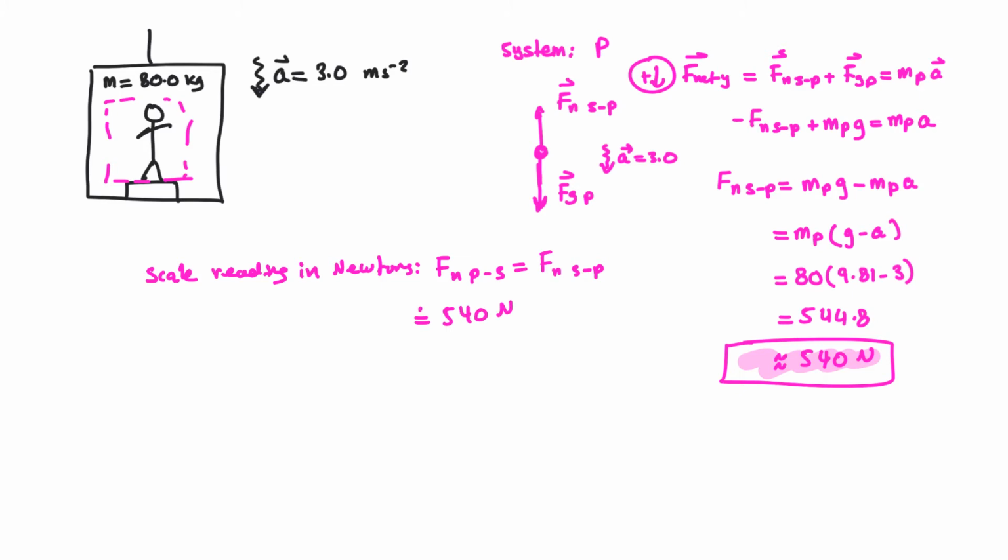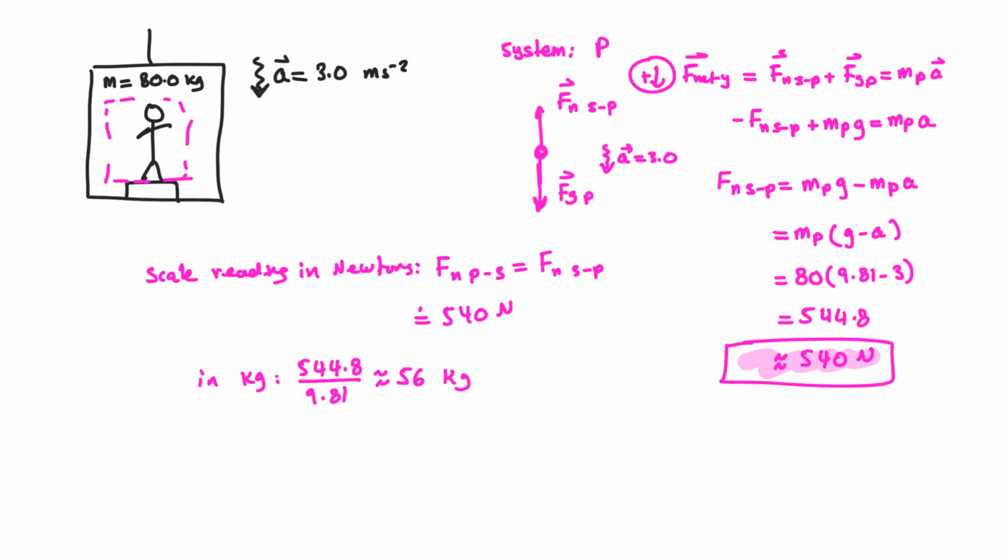In order to find it in kilograms, you divide 544.8 by 9.81, because that's what the scales do. And when you put that on the calculator and you use two significant figures, you will get approximately 55.5 or 56 kilograms.